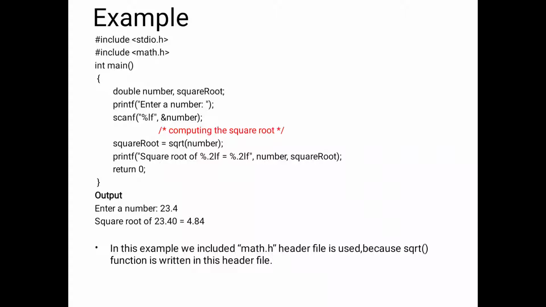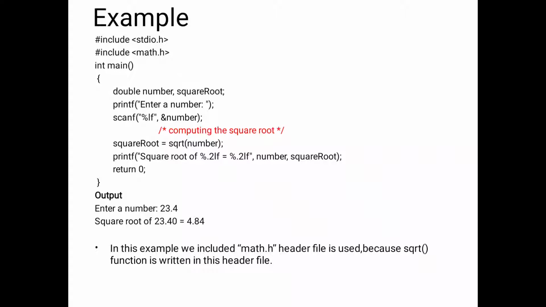So scanf with %lf, the long float, reads that number, and we should compute the square root. The square root of any number is to be stored in the variable square root. In that, square root is equal to sqrt, which is a function name, of number. So you take that number here.